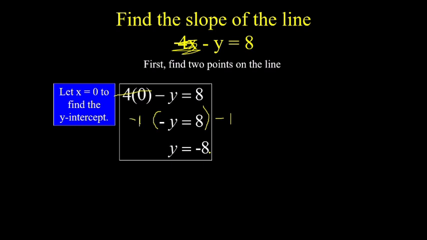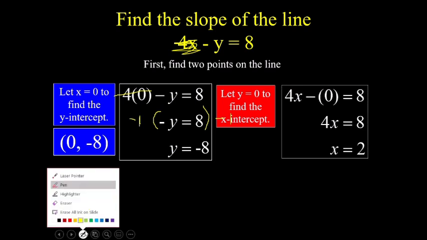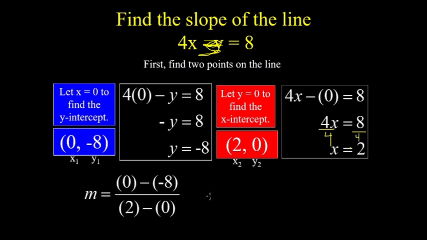So, your corresponding coordinates is 0 and negative 8 as your y-intercept. How about the x-intercept? Since x-intercept naman ang hinahanap natin, ito naman yung tatakpan nyo. Now, anong natira? 4x and 8. So, divide both sides of equation by 4 para mawala yung katabi ni x. So, 8 divided by 4 is 2. So, that's your x-intercept.